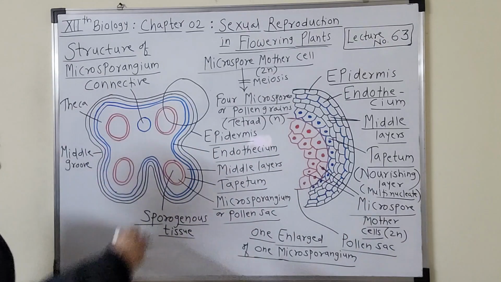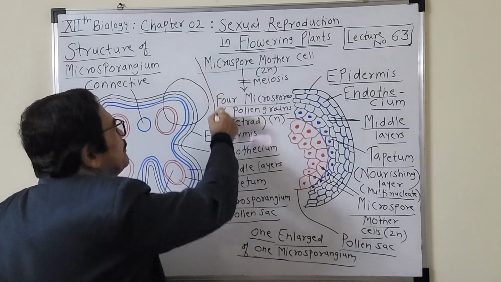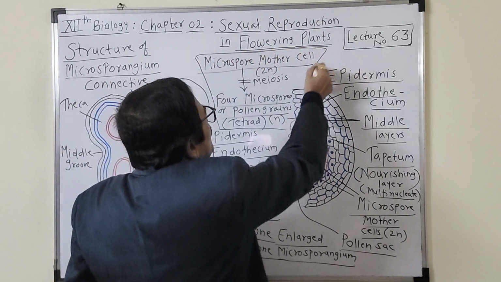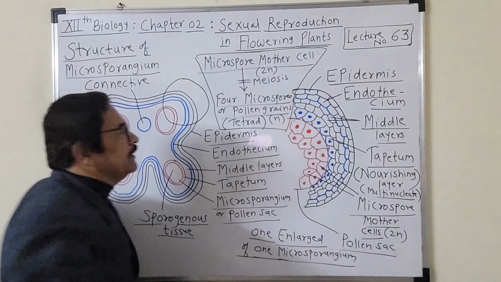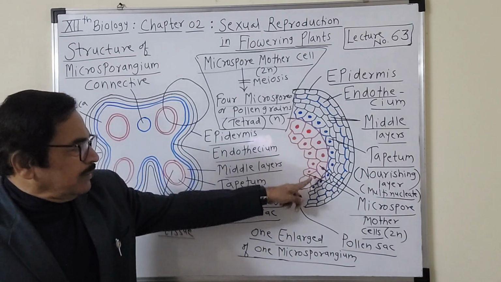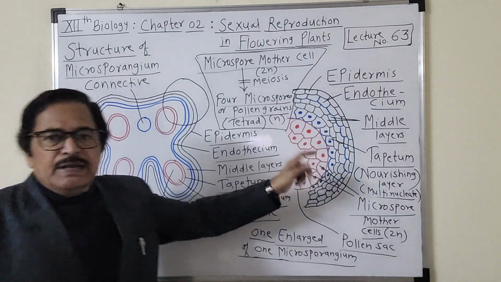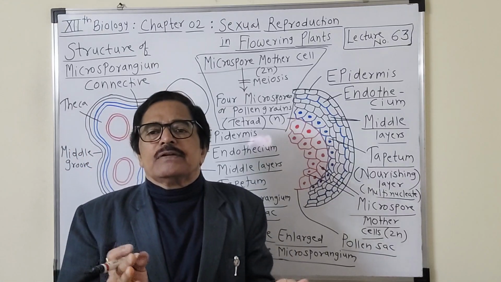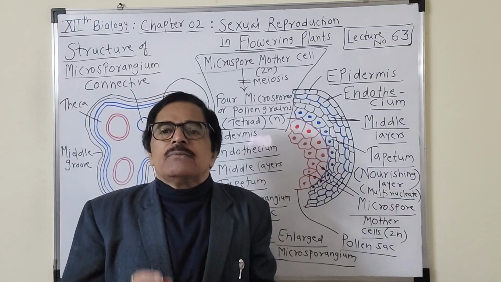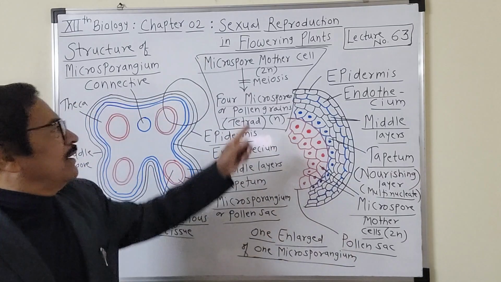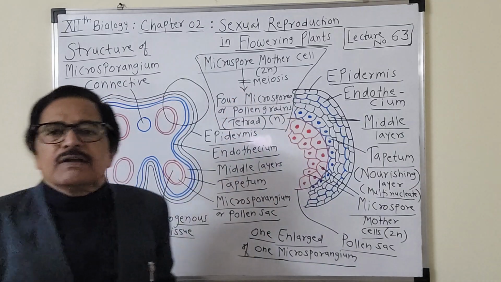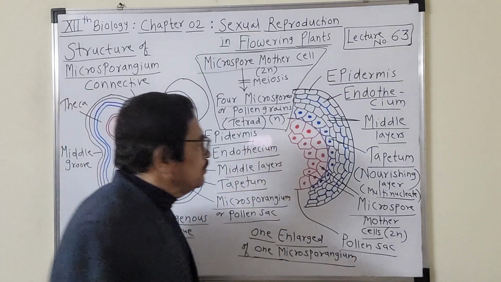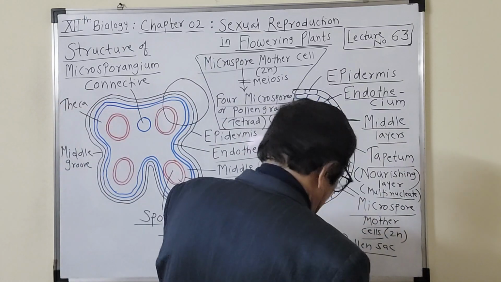So this process is a very important process. There are a large number of microspore mother cells, and each microspore mother cell undergoes meiosis division to produce 4 haploid microspores or pollen grains.